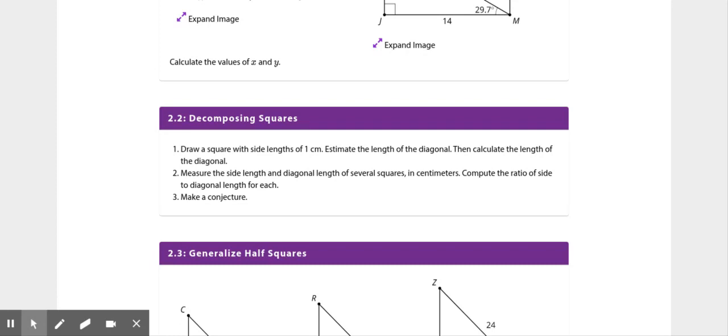But you can hopefully see that the length of that diagonal, if you measured it, is going to be about 1.4 centimeters. And if you did the Pythagorean theorem, you could see that it is the square root of 2, which is approximately 1.4.